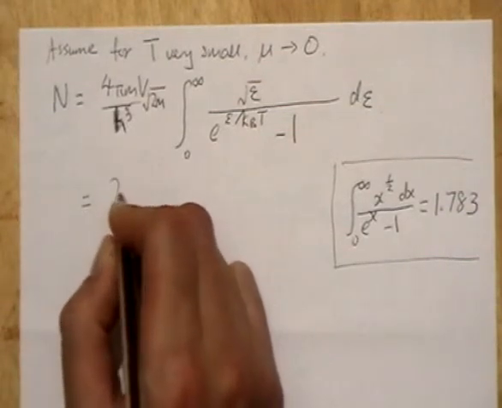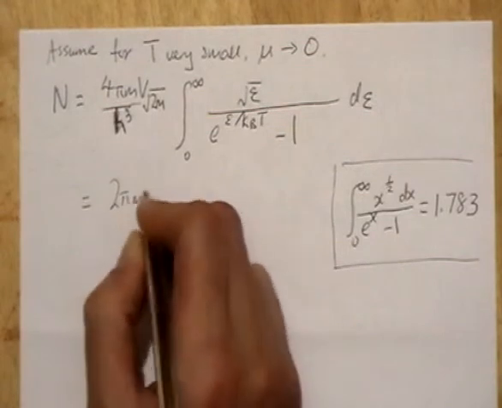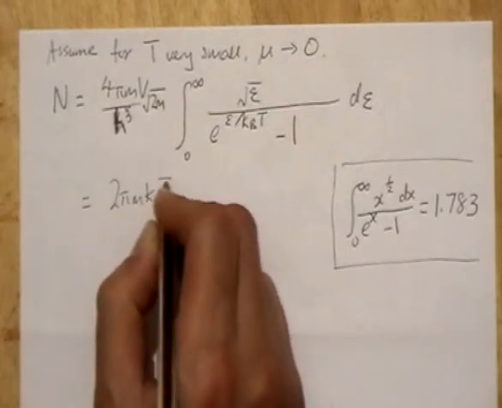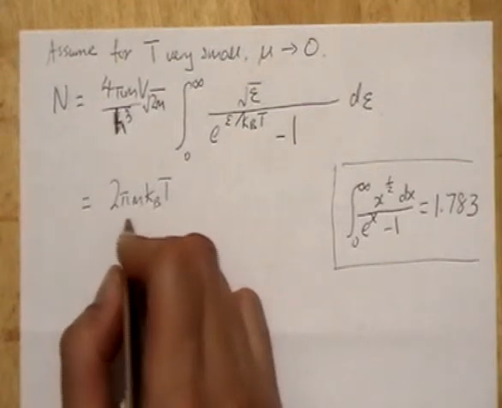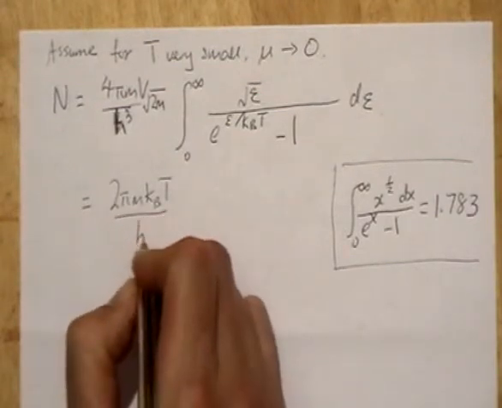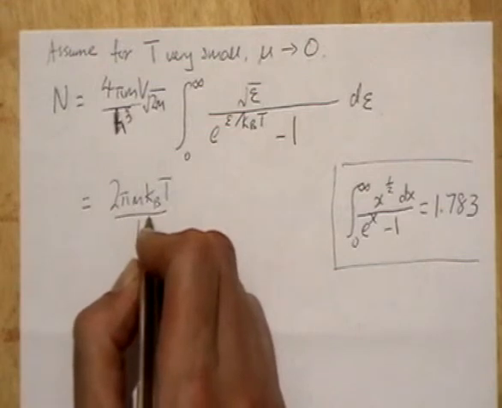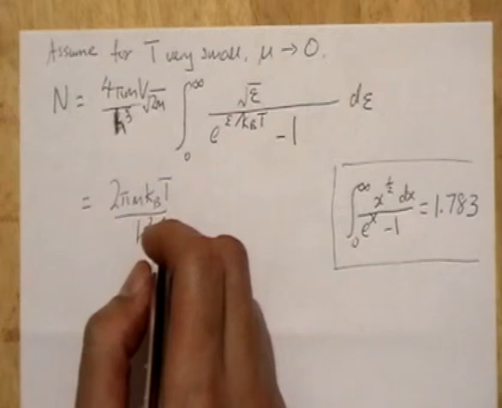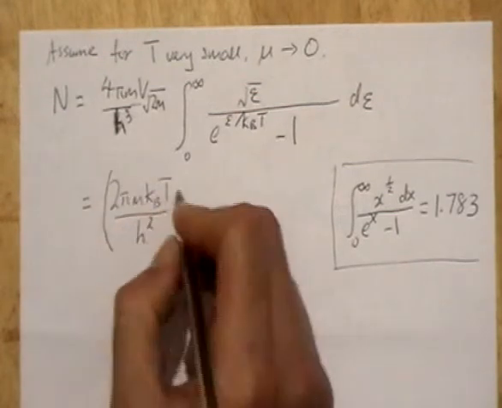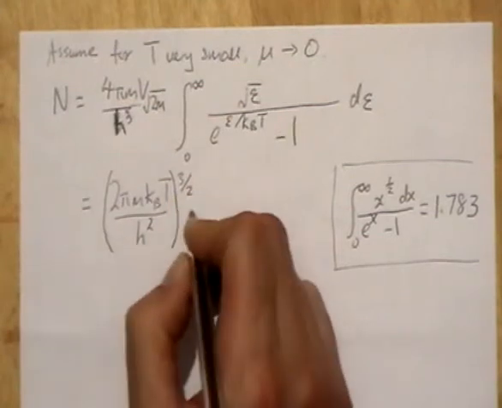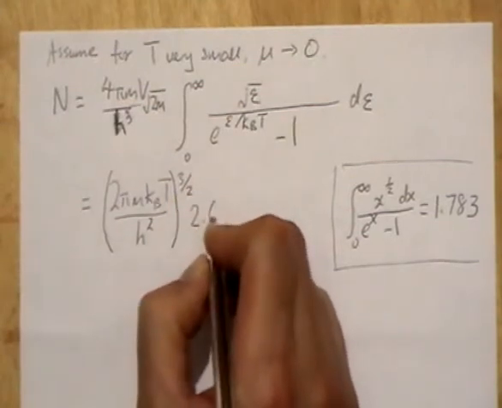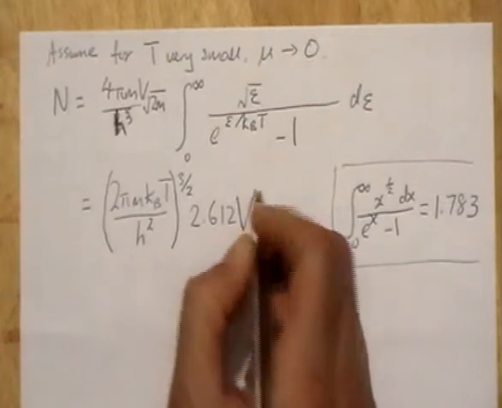It looks like this: (2 pi m k_B T over h squared) to the power of 3 over 2 times 2.612 V, for volume.